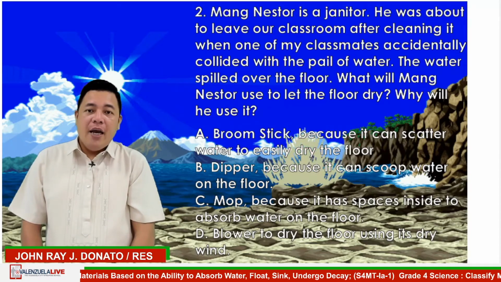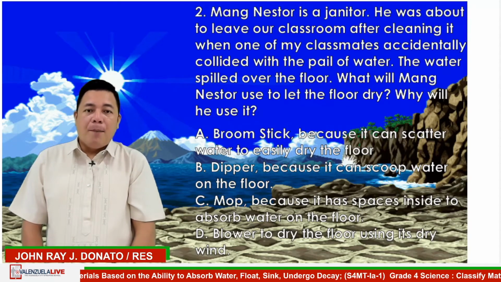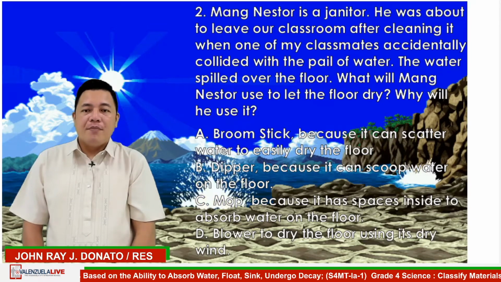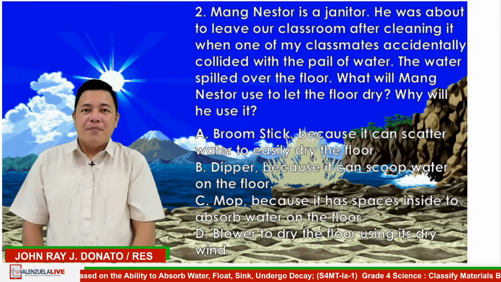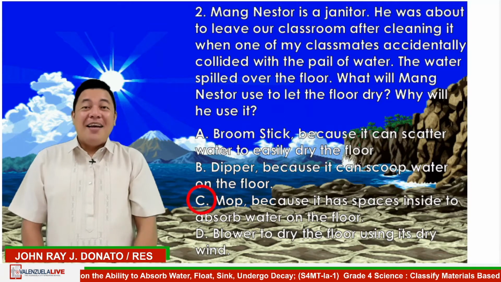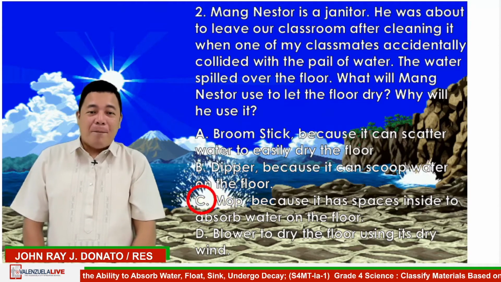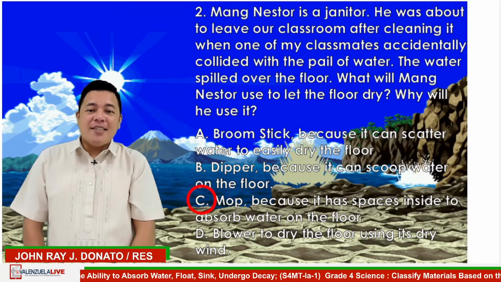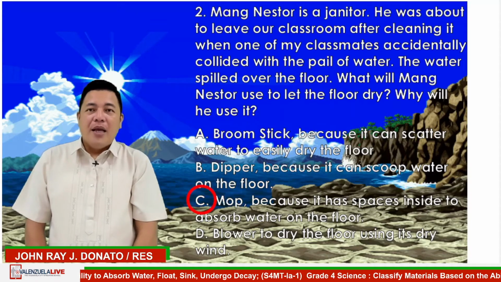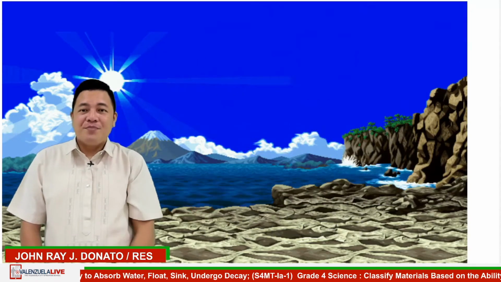Or letter D. Blower, to dry the floor using its dry wind. Good job! It is C. Mop, because it has spaces inside to absorb water on the floor. Let's go to the next one.